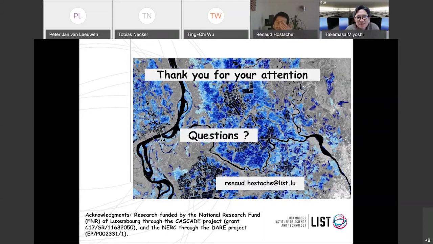If I correctly get the question, I will try to answer. The point is that we have difficulties to get ground data, which could be, of course, the most powerful information to calibrate the model. And now we have more and more, especially with the Copernicus satellites like Sentinel, a wealth of data that can be used.